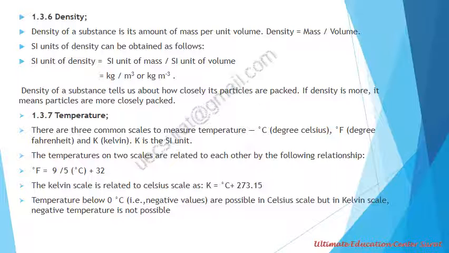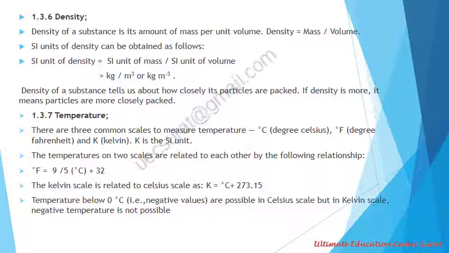The temperatures on the two scales are related to each other. Degree Celsius is related with degree Fahrenheit, and if you want to know the Fahrenheit temperature of a given degree Celsius reading, then we can apply the formula: Fahrenheit degree is equal to 9 upon 5 degree Celsius plus 32, always.